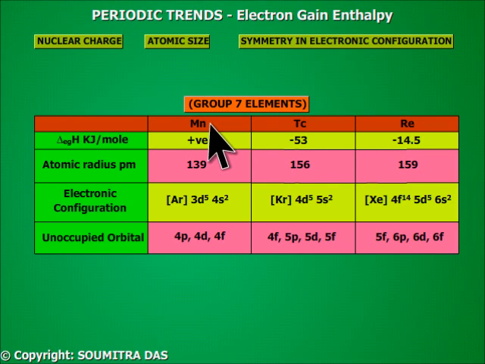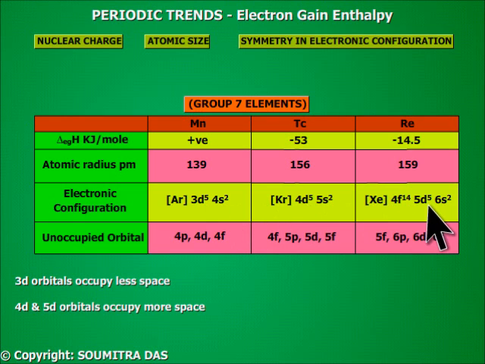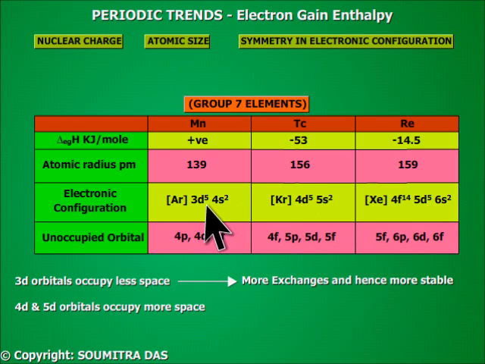This element over here is manganese, which has a half-filled 3d orbital. The 3d orbital, being smaller in size than 4d and 5d over here, has a great enough exchange energy of the exactly half-filled 3d orbital that spontaneous addition of an electron becomes impossible. So it has a positive electron gain enthalpy.